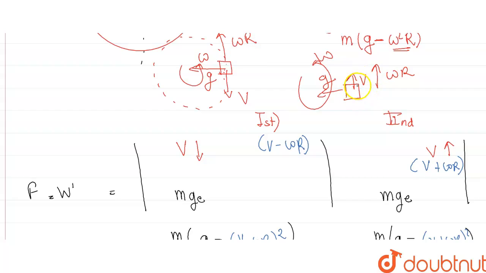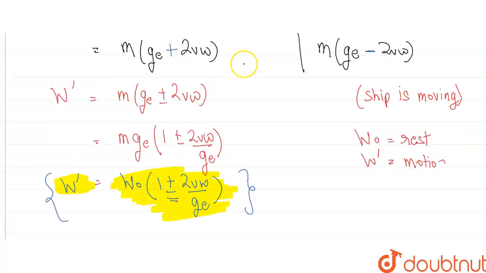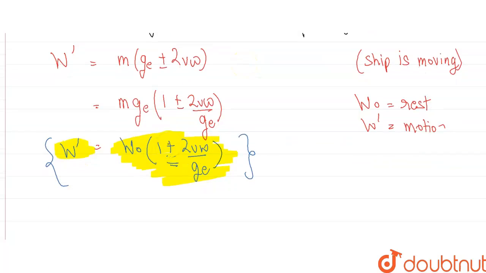In the second case the direction at which the ship is sailing is in the direction of omega, and in the first case the ship was sailing in the opposite direction to omega. From there only it comes out to be plus and minus.